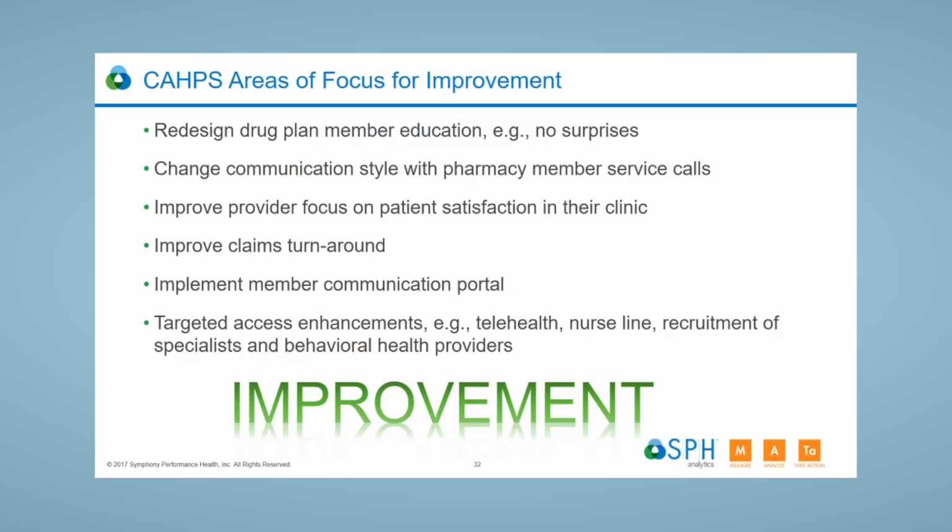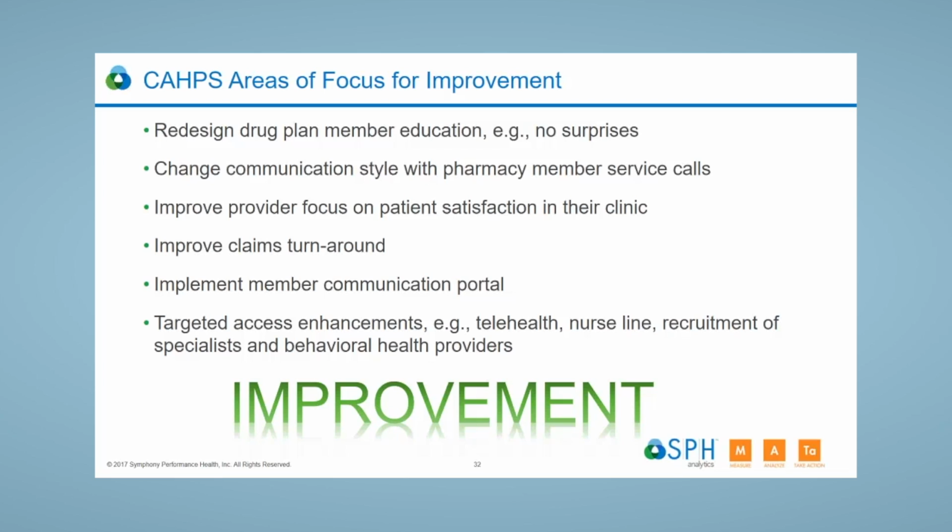They shouldn't go to the pharmacy and find out that we've changed this medication's copay, and it's now a higher copay than where it was last time. So we've really focused in on developing simple to understand member education material about the drug plan that goes beyond the required CMS education material in order to have no surprises.